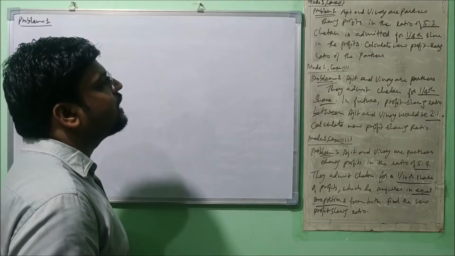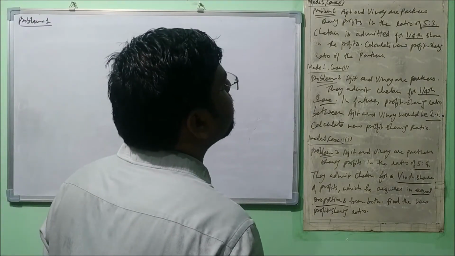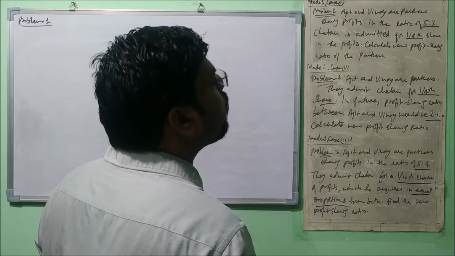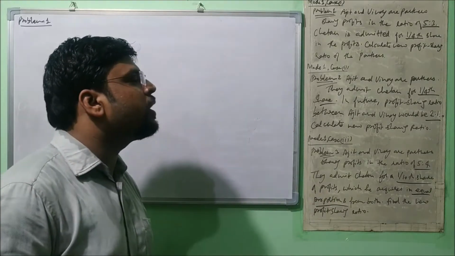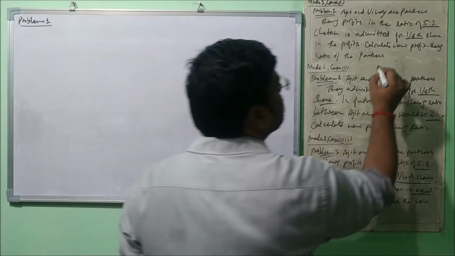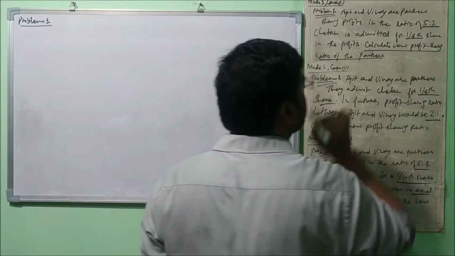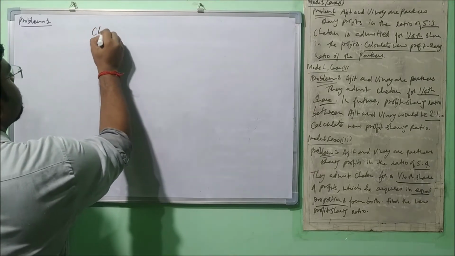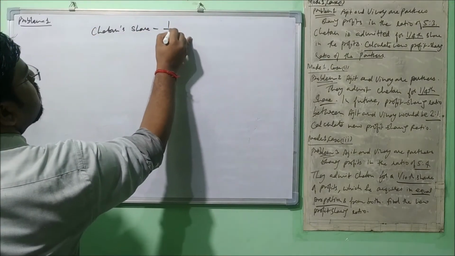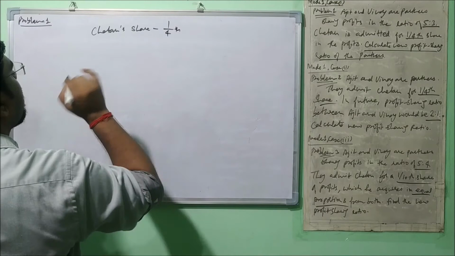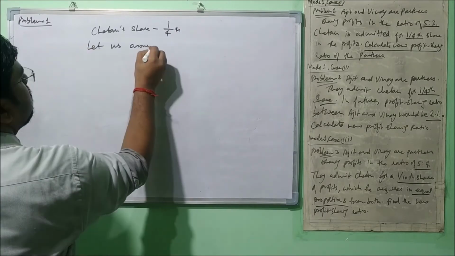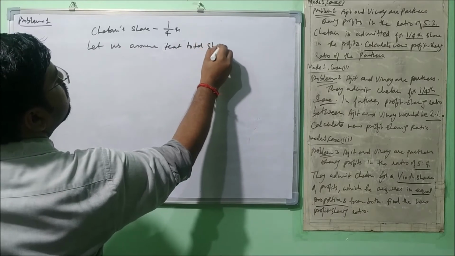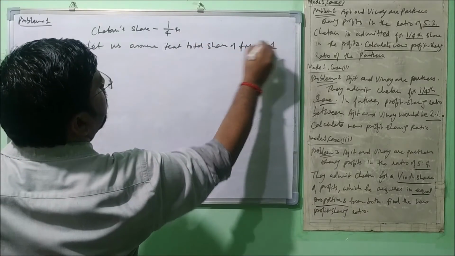First, Ajit and Vinay are partners sharing profits in the ratio 5:3. Chetan is admitted for 1/4 share. Now, how do we start the question? We are calculating the new profit sharing ratio. First we see Chetan's share: how much is Chetan going to get? 1/4. Now let us assume that the total share of the firm is equal to 1.